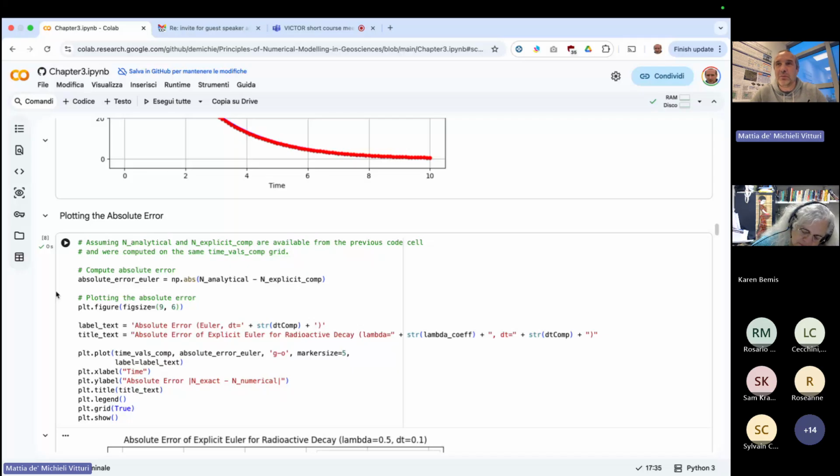Whenever you divide by something and this something is a variable of your code, it's always good to add something, and this should be a small quantity, small of the order of the precision of the machine. So, for example, if you are writing a code in single precision, it should be a small quantity related to the single precision.